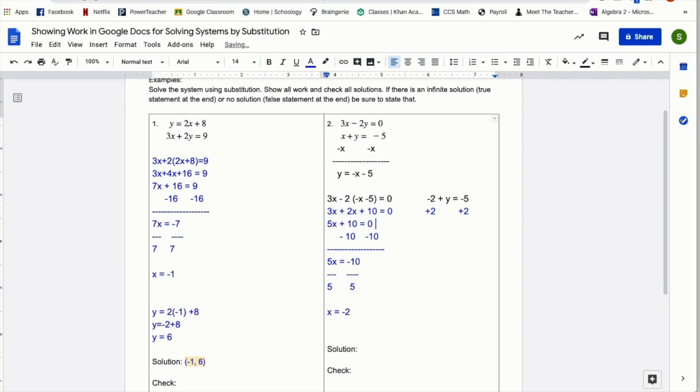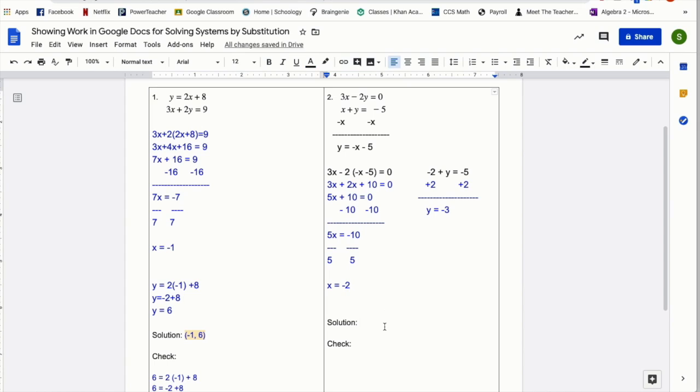If you just want to work completely horizontally, that's fine. It's up to you, as long as you are showing us some work. I get y equals negative 3. And my solution would be negative 2 comma negative 3. I'm not going to show you how to check because I showed you in the last one, and I think you can figure it out from here.